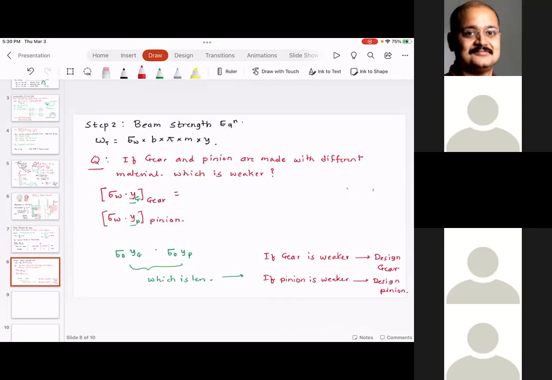Now the next question that comes to mind is if the gear and pinion are made up of the same material. If gear and pinion are made with the same material, then pinion is always weaker.